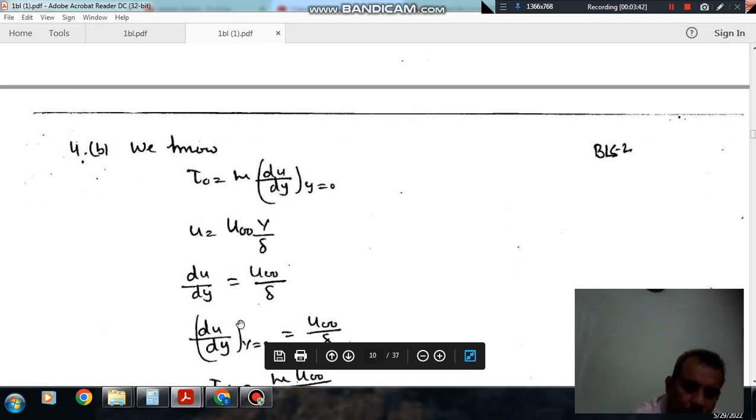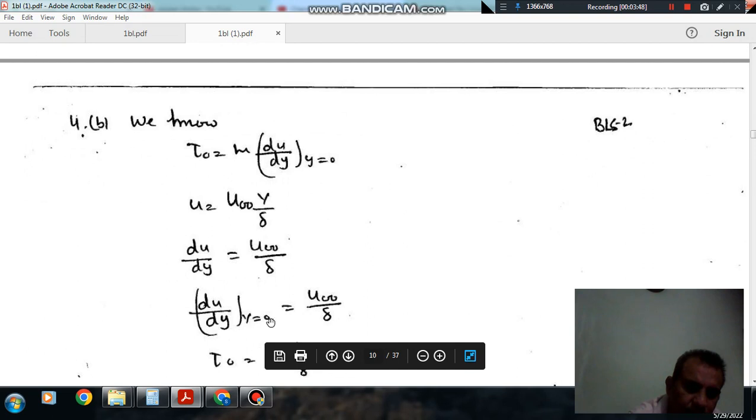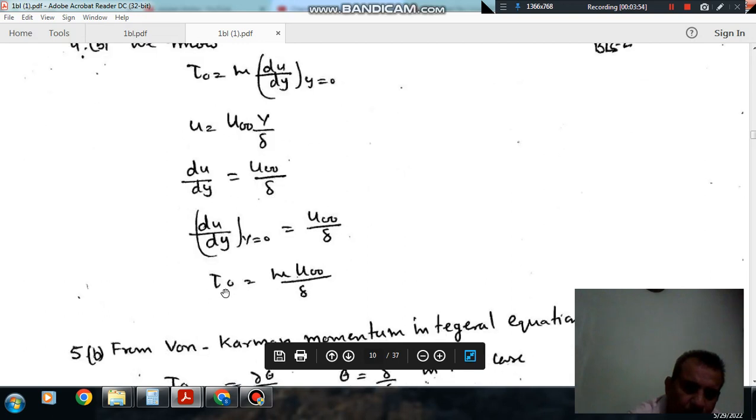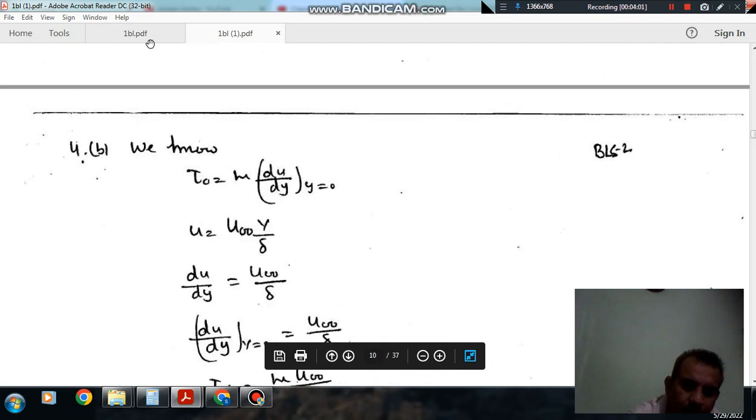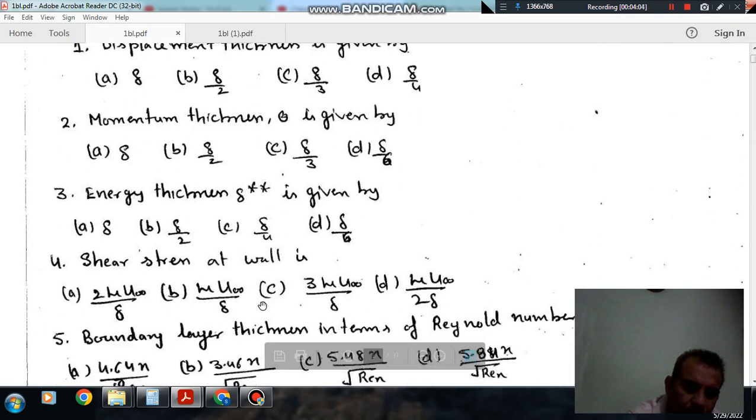This is the velocity variation, and du by dy at y is equal to 0 is equal to u infinity by delta. Putting this value here, tau naught will be equal to mu u infinity by delta. So for question number 4, the answer is option B, mu u infinity by delta.